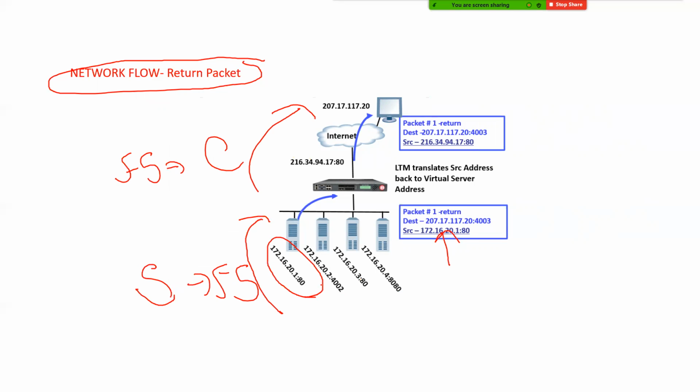That is the right answer. So the source would be your server IP address, and the destination would be the source IP address of the initial connection in packet 1, which is your client browser IP address, 207.17.117.20.